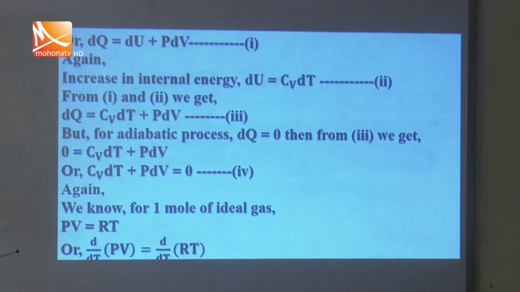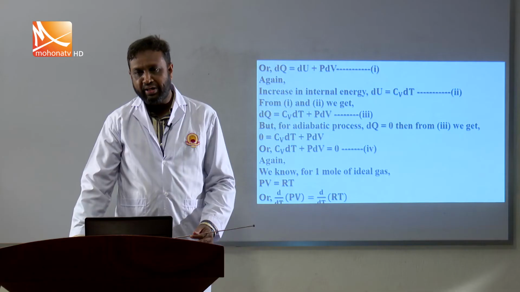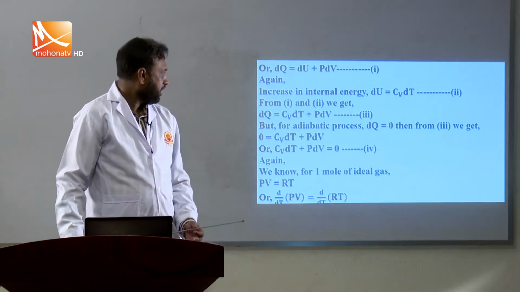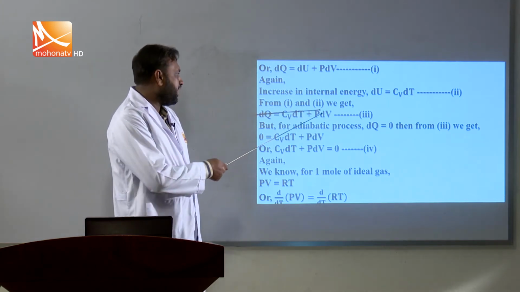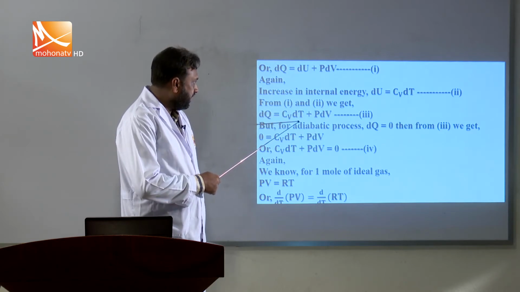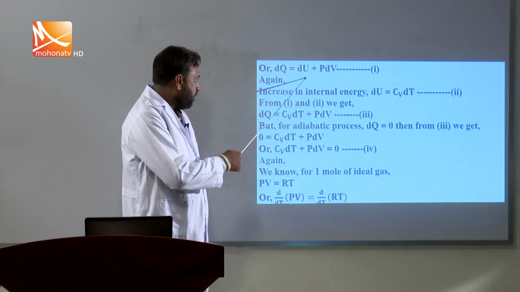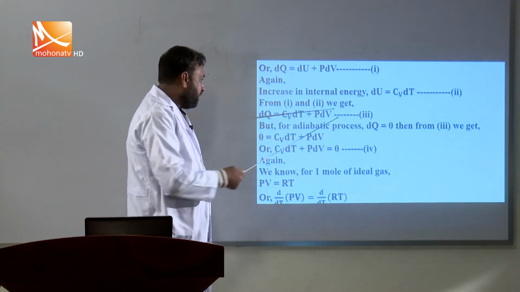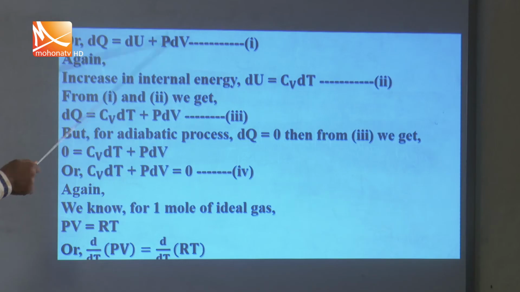You also know the increase in internal energy dU is the product of specific heat at constant volume and increase in temperature, dU equals Cv dT. This is equation number 2. So from equation number 1 and 2 we can write dQ equals Cv dT plus PdV.